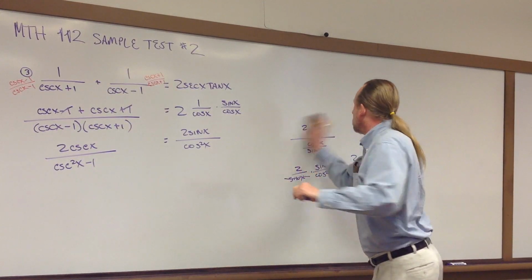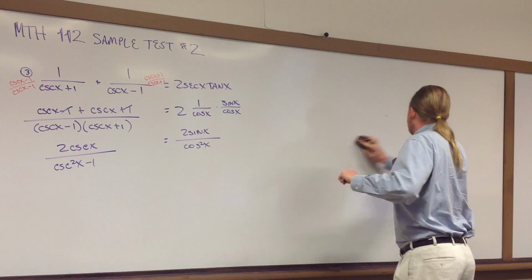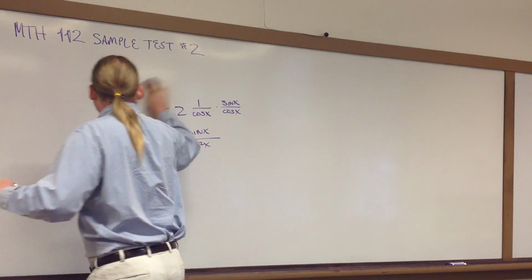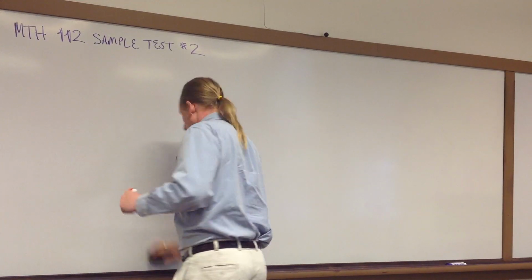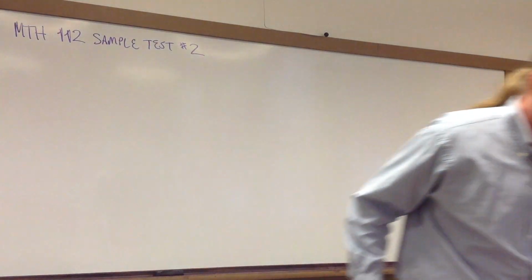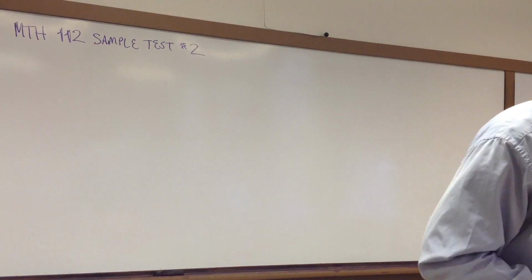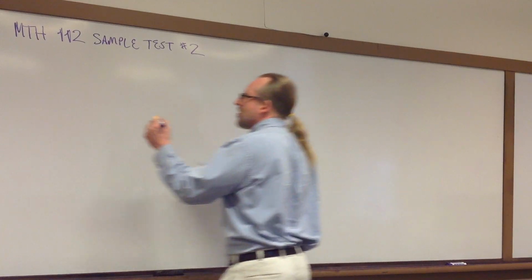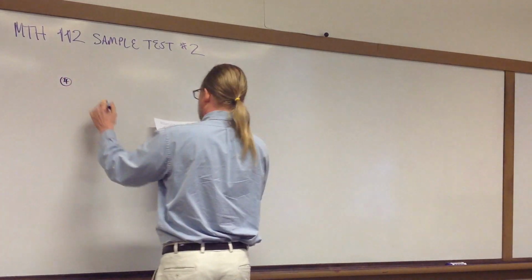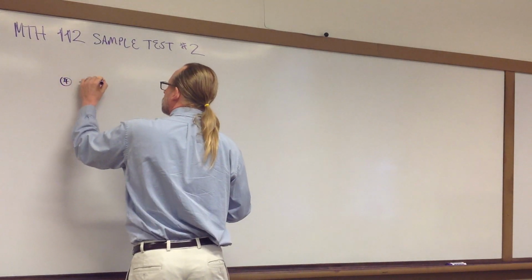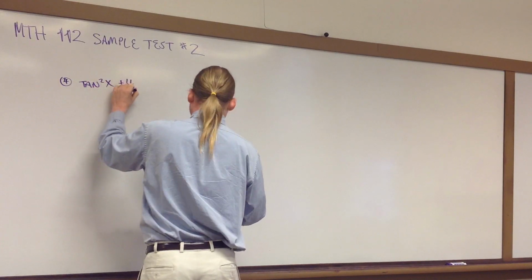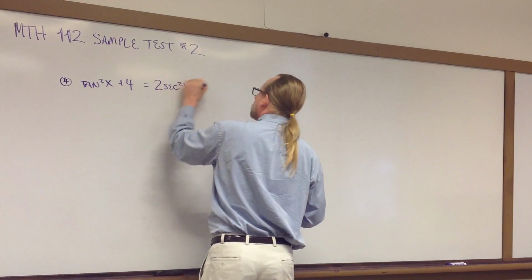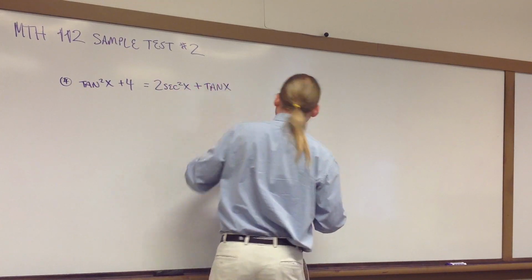Let's take a look at the equations from page 2. Okay, so problem 4, we've got tangent squared x plus 4 equals 2 secant squared x plus tangent x.